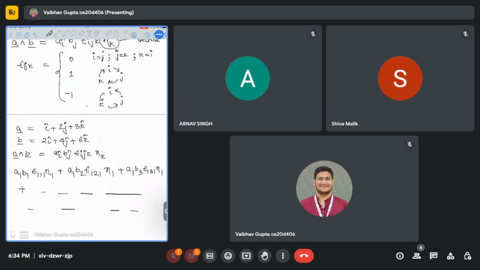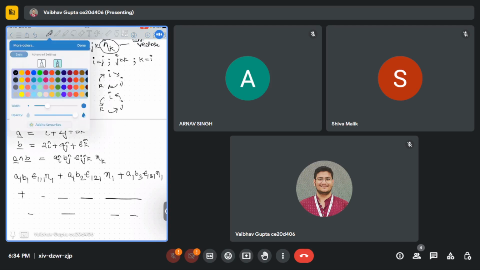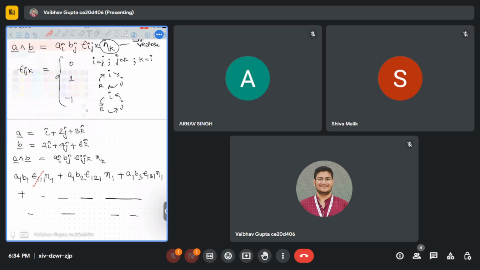See here epsilon 1, 1, 1. Here i is equal to j and also equal to k. So this becomes 0. In second, it's i is equal to k. So again it becomes 0. In third also, i is equal to k. It becomes 0.